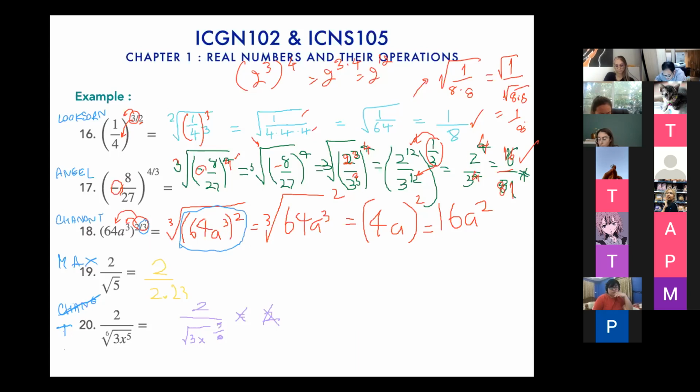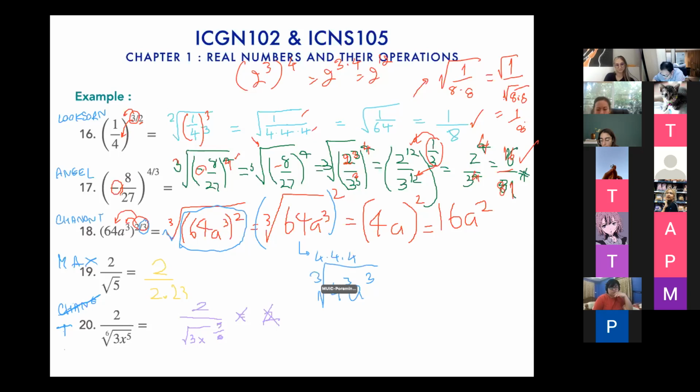Here for the 2 over 3 he turns it to be the cube root. So this means that he has the cube root of 64a cube altogether squared, like this. In here, 64 is 4 times 4 times 4, or 4 cube, times a cube, to the power of 3.